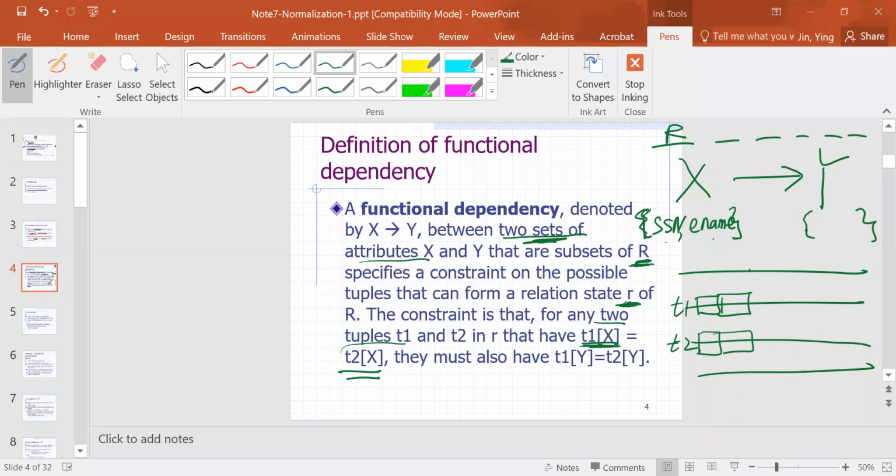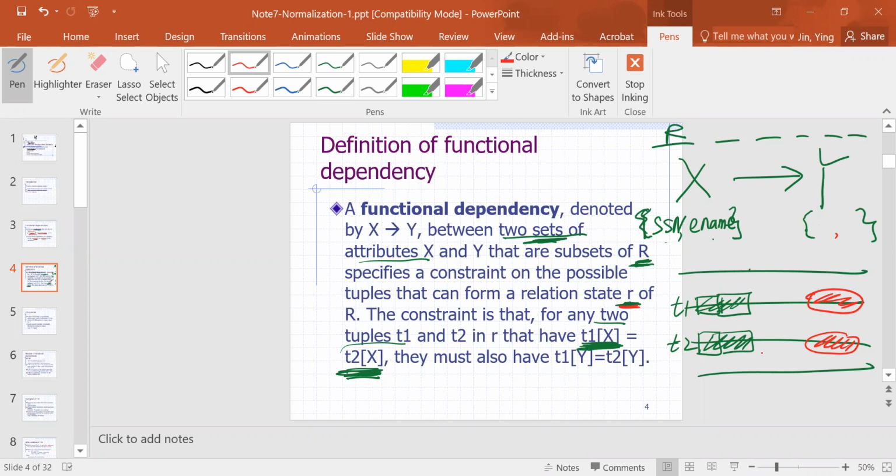So whenever T1[X] equals T2[X], meaning this particular one equals this particular one, then we also need to look at the Y part. Y also has attributes, and these also need to be the same. Whenever the X parts are the same, the Y parts must be the same. This is true for any two tuples in any relation state.